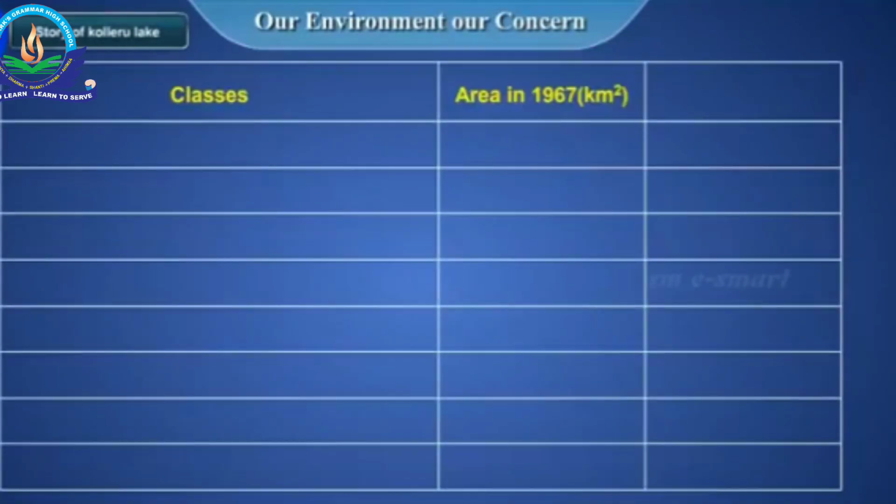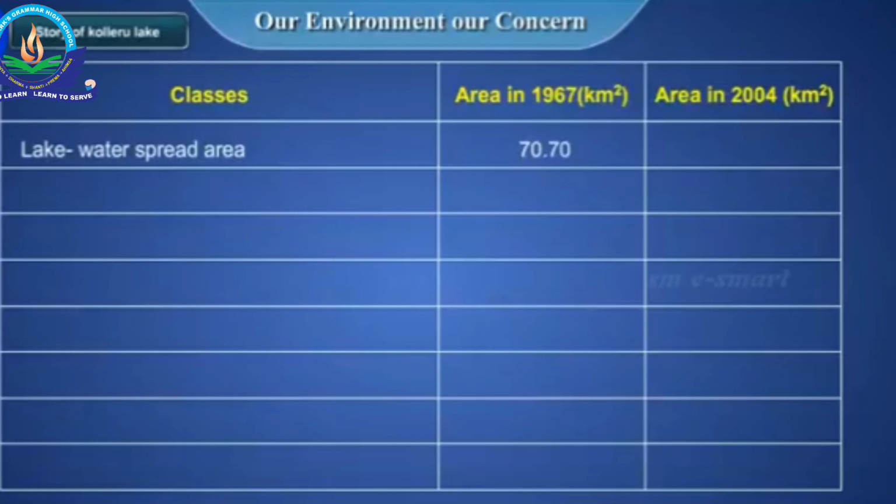Classes. Area in 1967, square kilometers. Area in 2004, square kilometers. Lake water spread area: 70.70, 62.65.